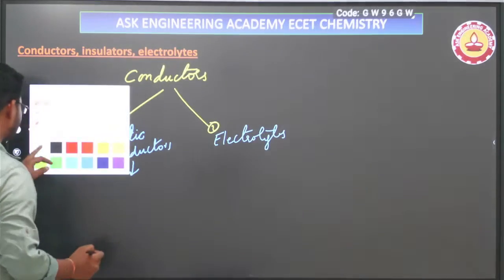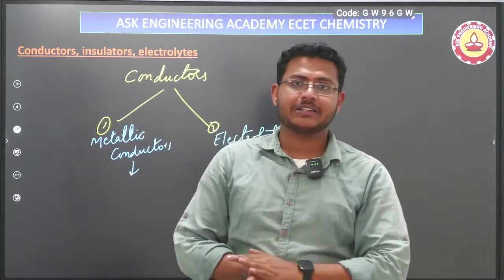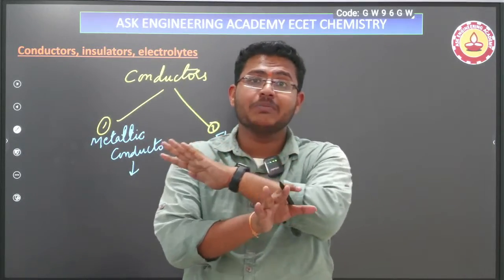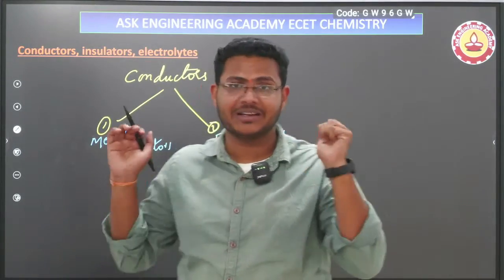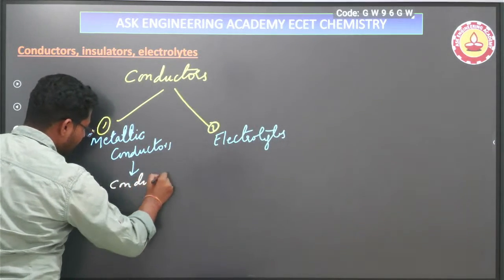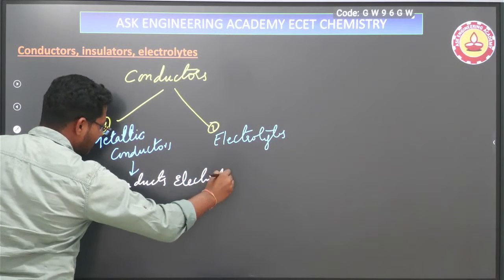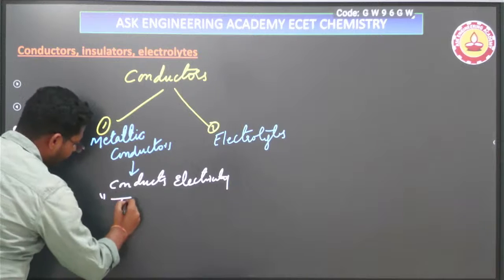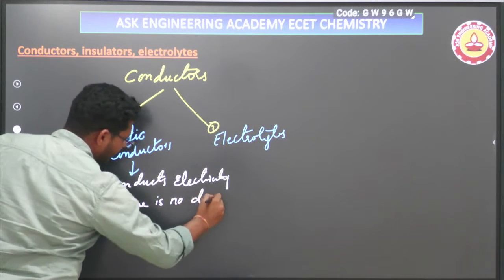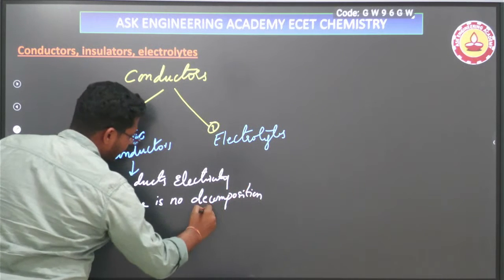What are metallic conductors? Metallic conductors are the conductors that allow the electric current, but there is no decomposition or degradation of the metal.